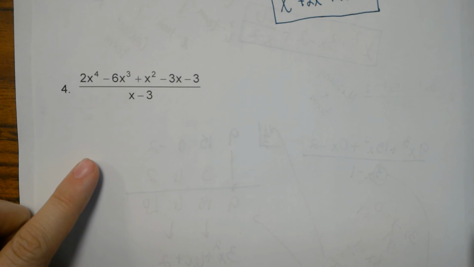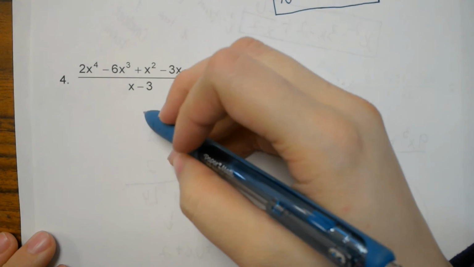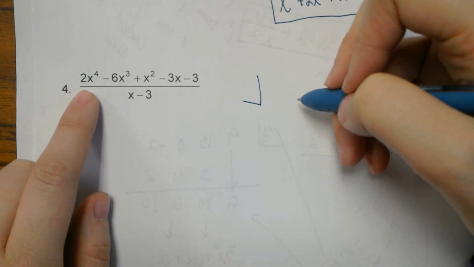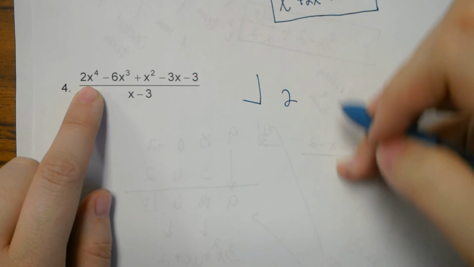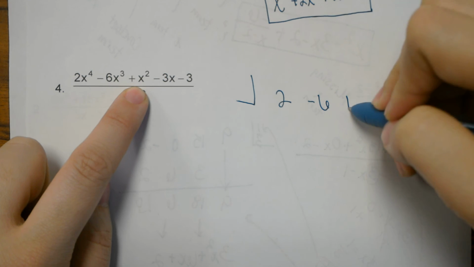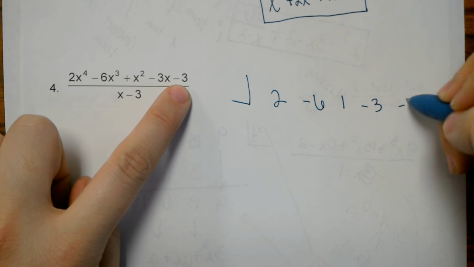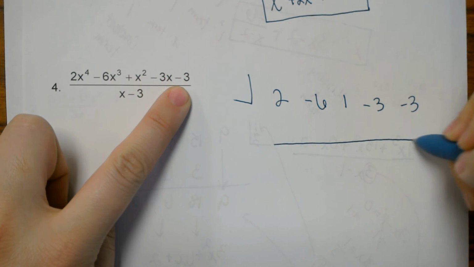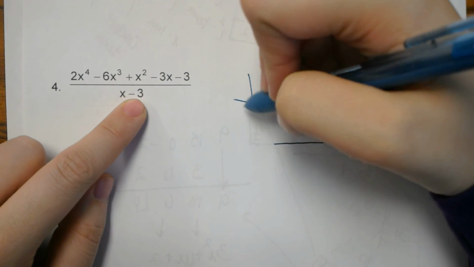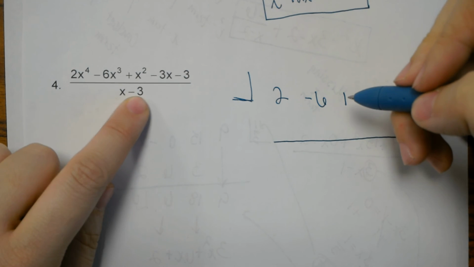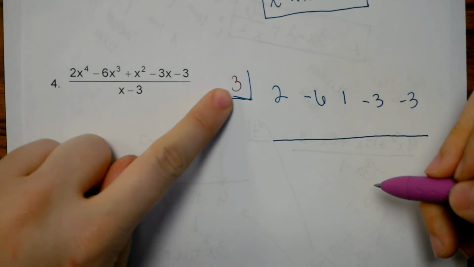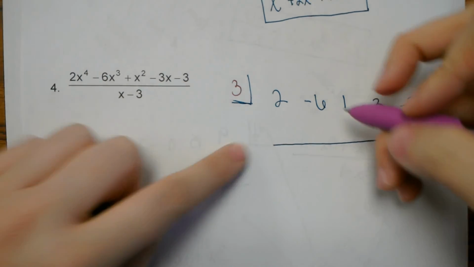So then the next one, I'm not missing any terms. So I can go straight to setting up the division problem. So 2, negative 6, 1, negative 3, negative 3. And if I look at my denominator, x minus 3, my root is at 3, x equals 3.